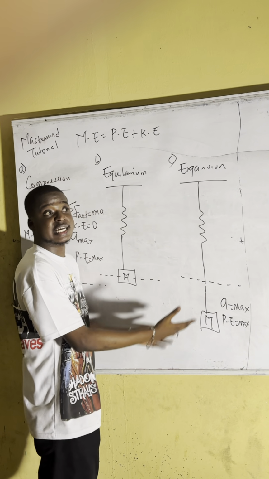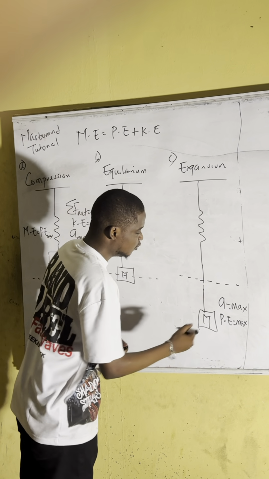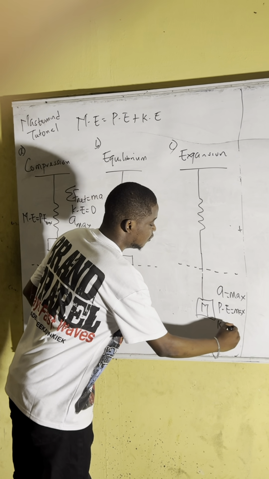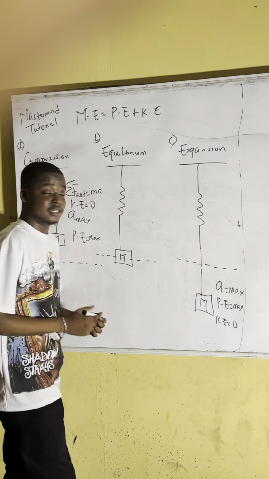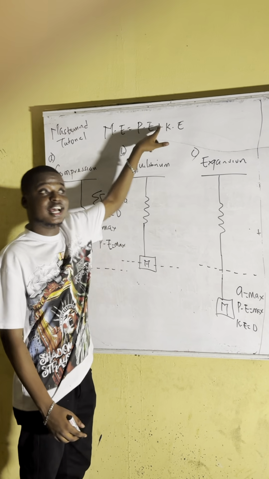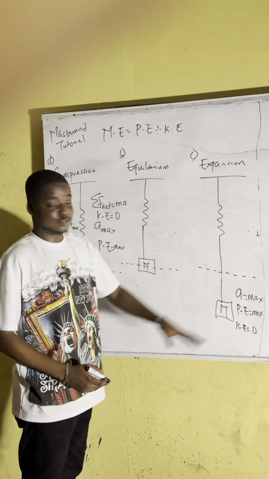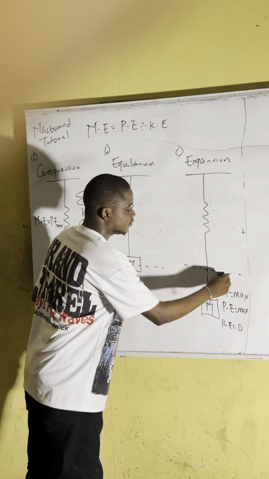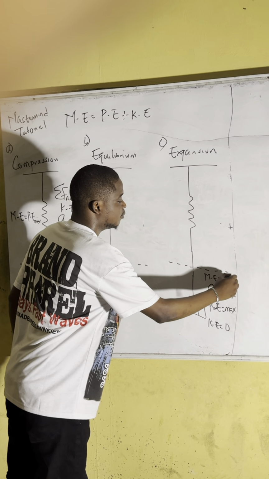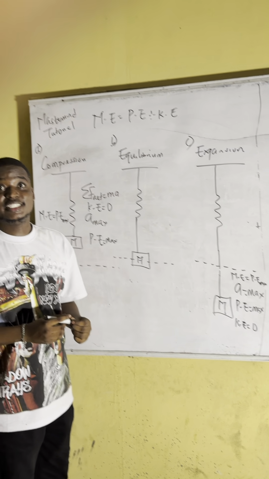Since the object is at rest, the kinetic energy, KE, will be zero. And recall, mechanical energy is potential energy plus kinetic energy. So the mechanical energy of expansion will be just equal to the maximum potential energy, since the kinetic energy is zero.